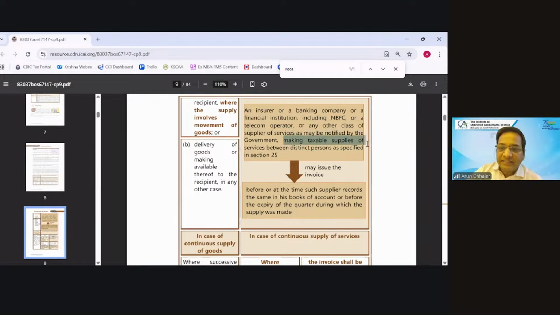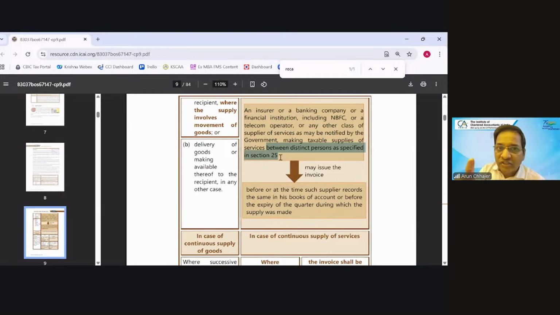making the taxable supplies of services between distinct persons. This point is applicable only when the services are rendered between the company, one PAN, multiple GSTN. That is the distinct person. If they provide the service between them, in that case, it is taxable as per schedule.